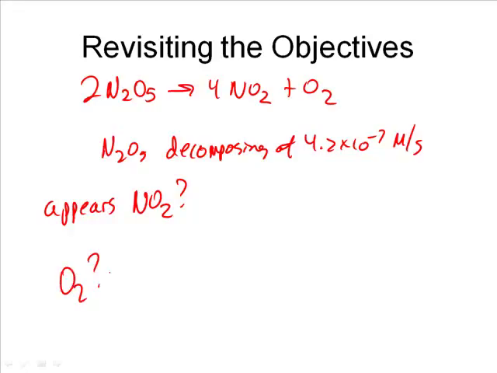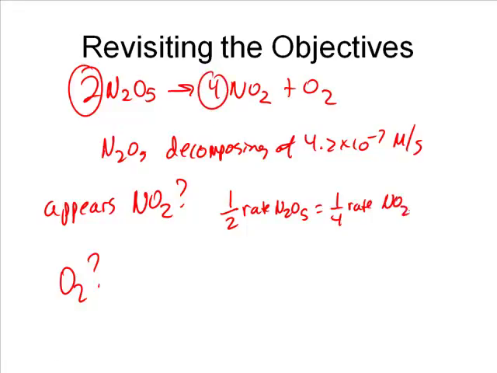So again, let's take our balanced equation. Let's work on NO2 first. So we're going to say 1/2, because of the 2, the rate of N2O5 is going to equal 1/4 the rate of NO2. So then we can take our value for N2O5, place it into here, 4.2 times 10 to the negative 7th.